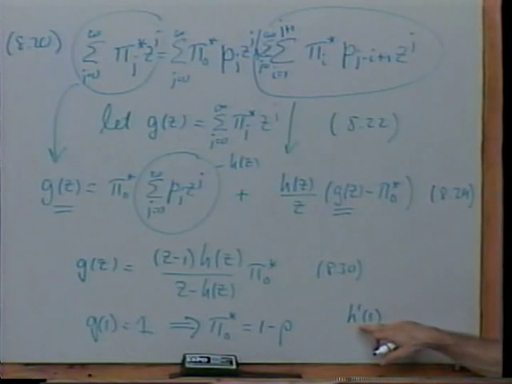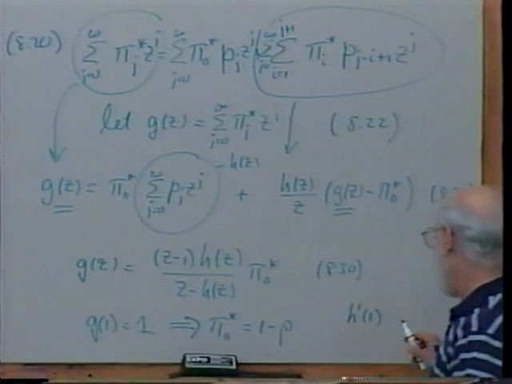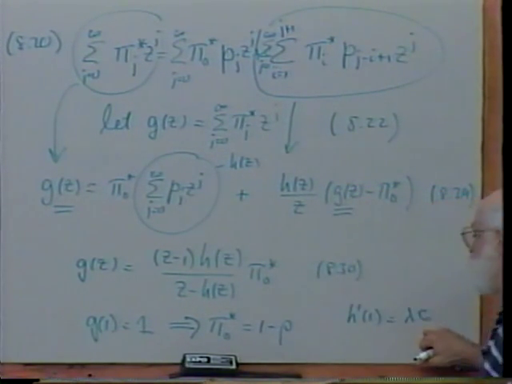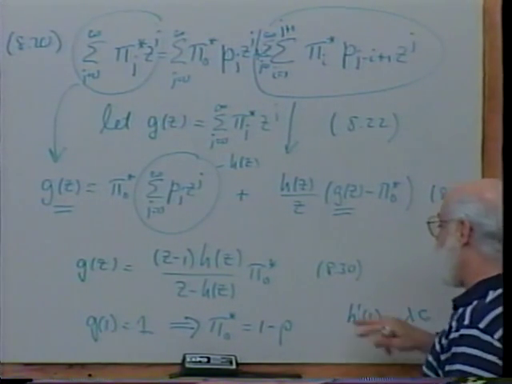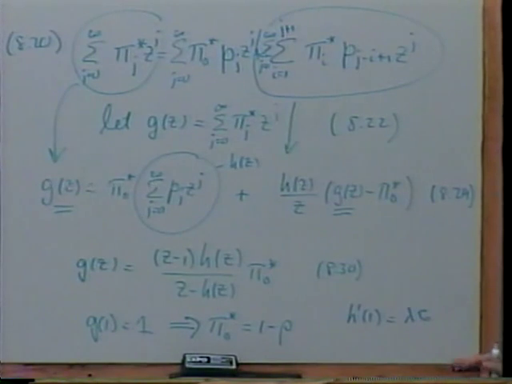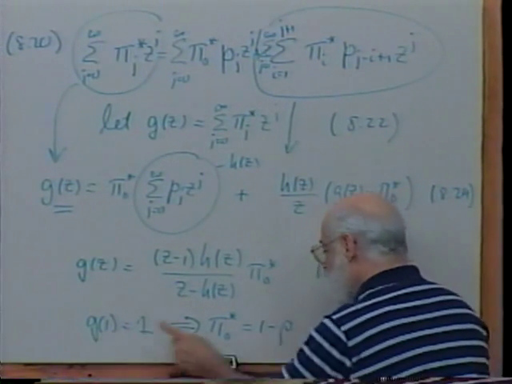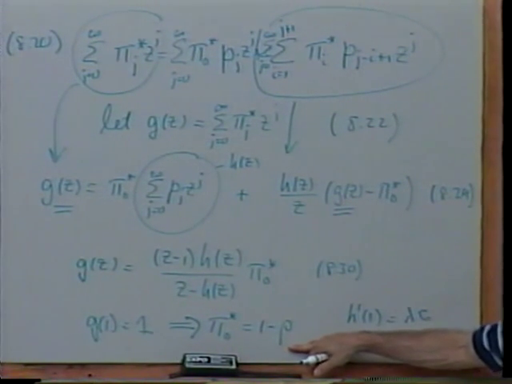And since h generates the random variable that's the number of arrivals during a service time, this is the average number of arrivals during a service time. And the average number of arrivals during a service time is the arrival rate times the average service time. So it's an exercise in L'Hopital's theorem to go from this statement to this statement. But it's no different than what we already know the answer to be.